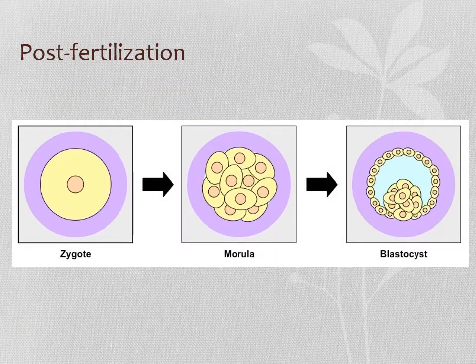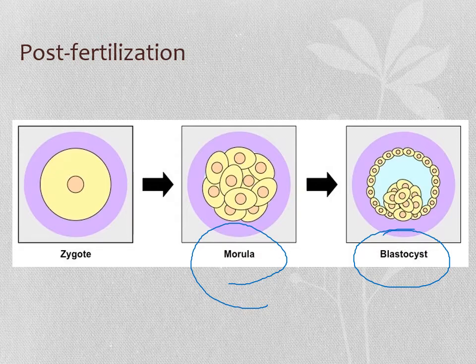After fertilization, that zygote is going to undergo that process of cleavage, of rapid cell replication via mitosis, making exact copies of itself. It'll go from 1 cell to 2 to 4 to 8 and so on. It will become a ball of cells called a morula, and then eventually a hollow ball of cells called a blastocyst.